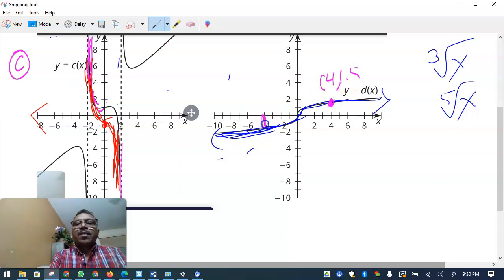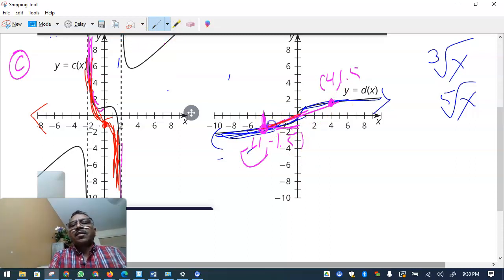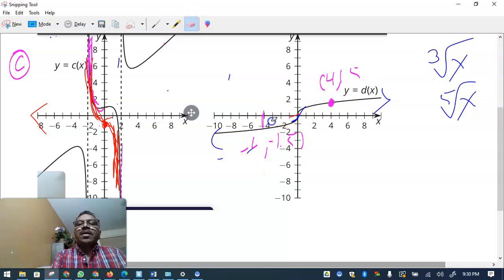On the other side there will be (-4, -1.5). So they reflect. See the red color. This point reflects over this, and that's why this is an odd function.